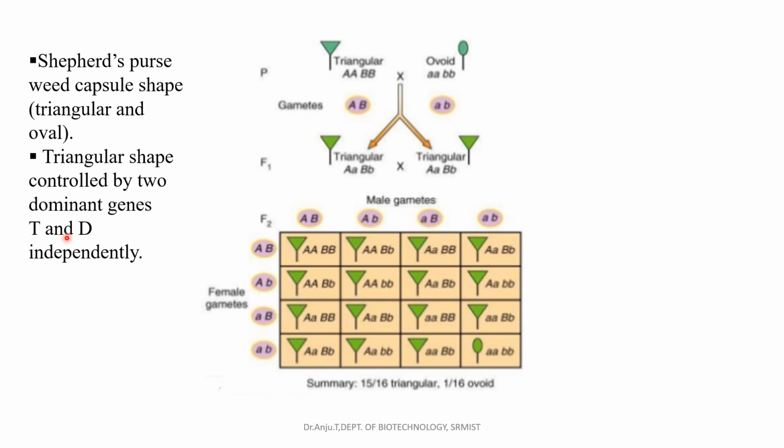If either one is present, then the product will be formed. But if both are mutated, then you will have the mutated phenotype, that is the oval. Otherwise, you will have the triangular phenotype. So the final ratio you get is 15:1.